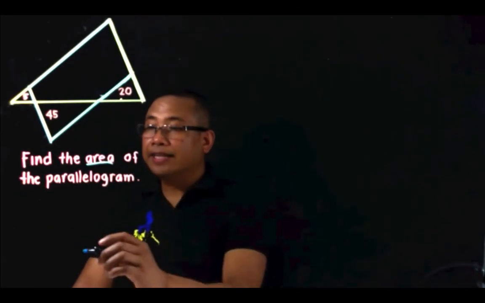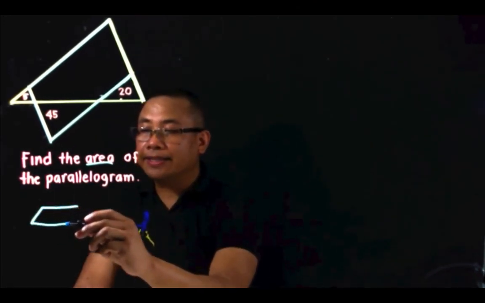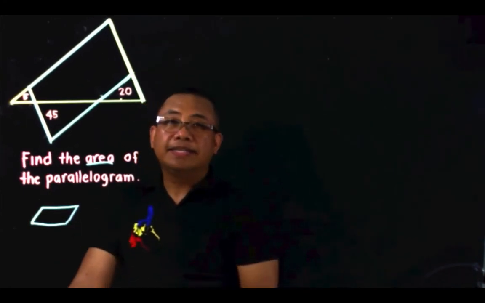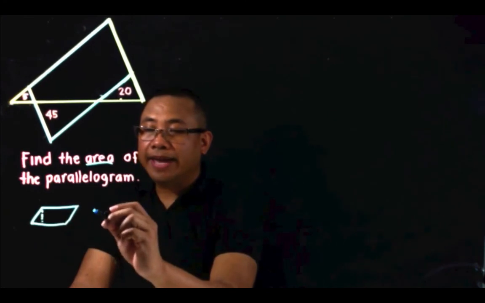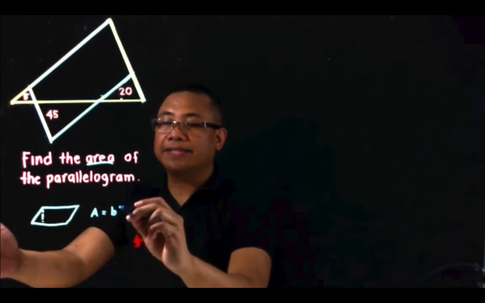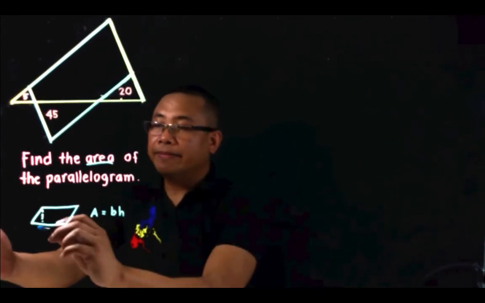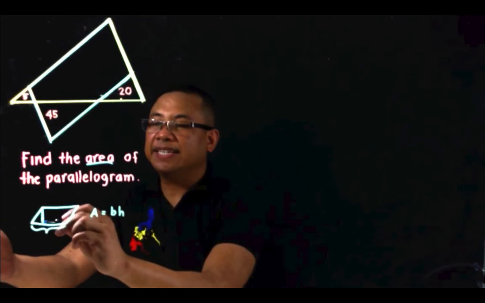Let's recall that if we have a parallelogram that looks like this, the area of this parallelogram is given by the formula area is equal to the base times the height, where the base is this length and the height is this length.